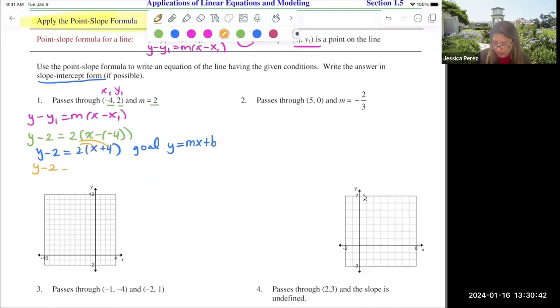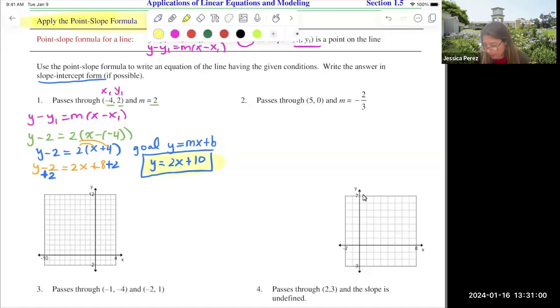It's going to be y minus 2 equals 2x plus 8. And then the only step I'm missing is adding 2 on both sides. Then this will be y equals 2x plus 10. This is the slope-intercept form, which is what we wanted.